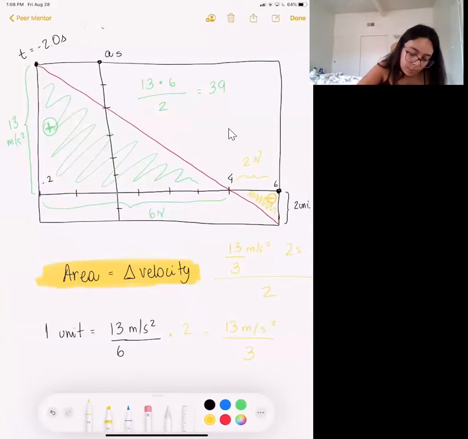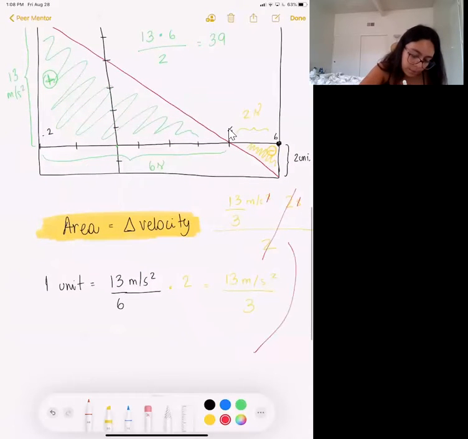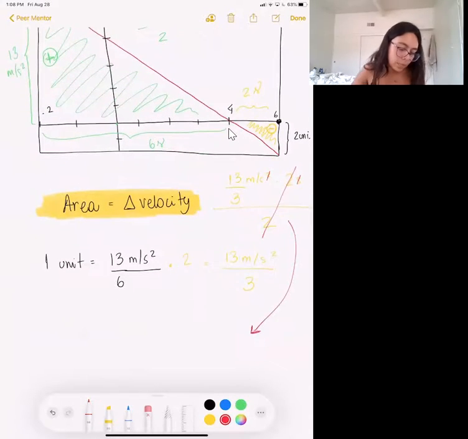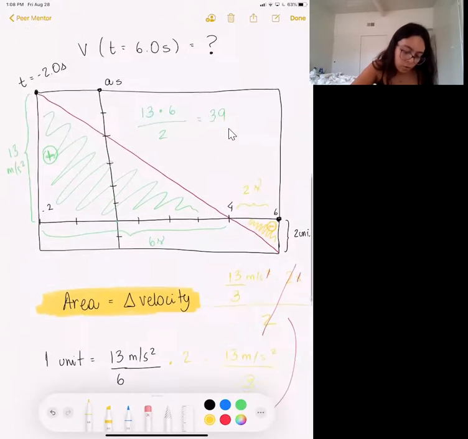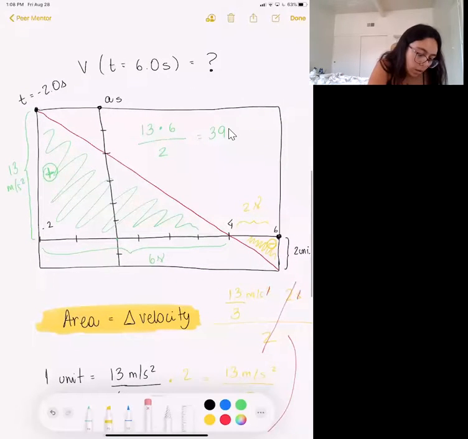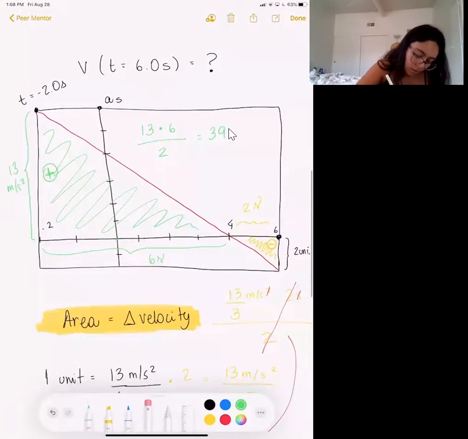If you agree with me, we can just cancel out the 2 and 2, and the second will cancel out with the second, which will give us, I'm just going to pull my answer all the way down here, 13 divided by 3 meters per second. Also, important, don't forget your units all the way over here: 39, that's also meters per second.